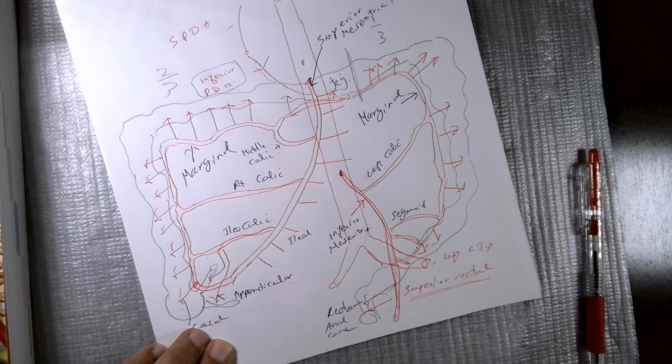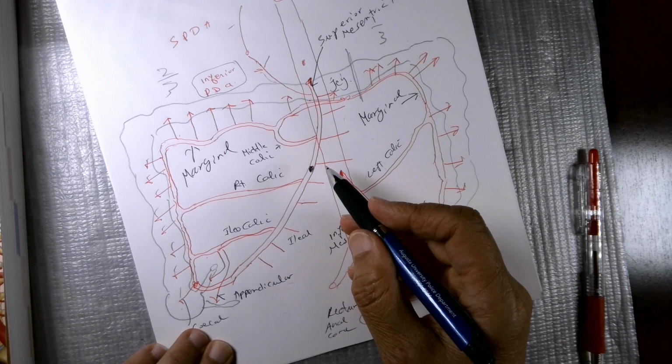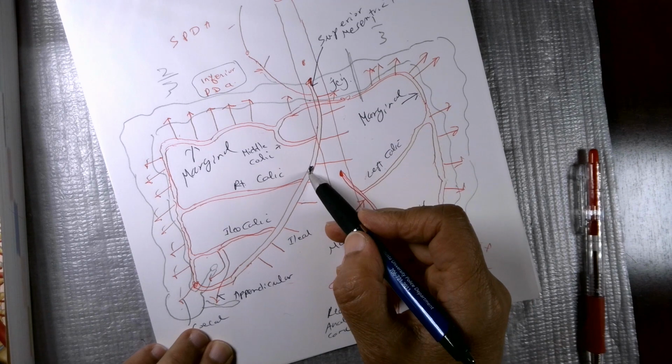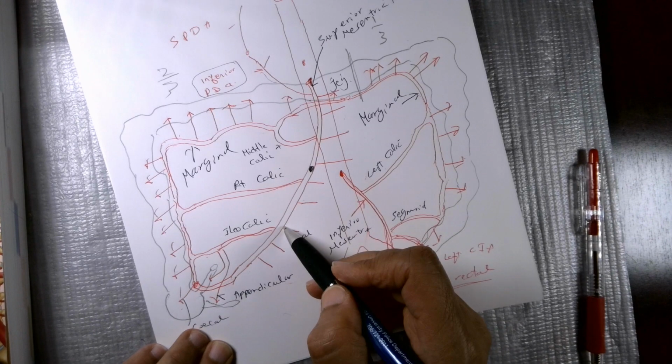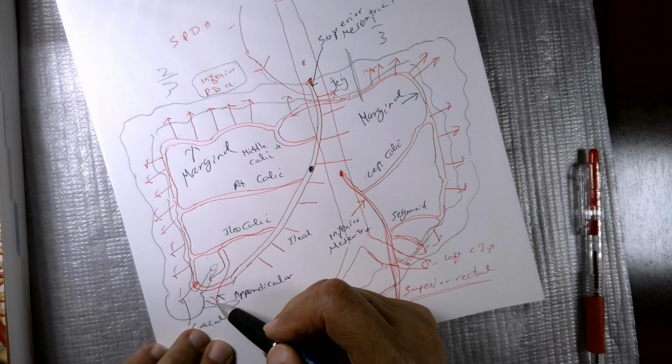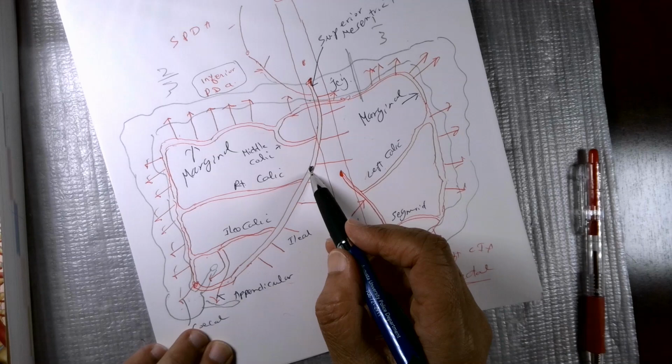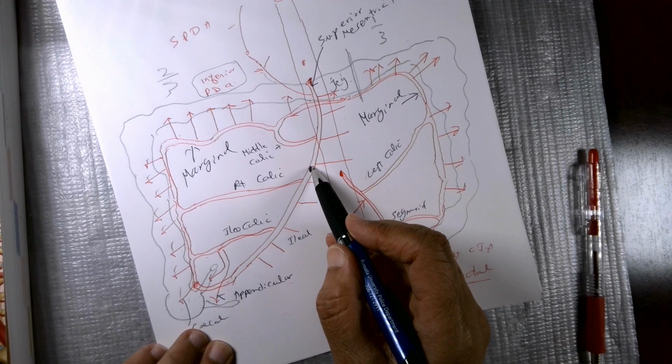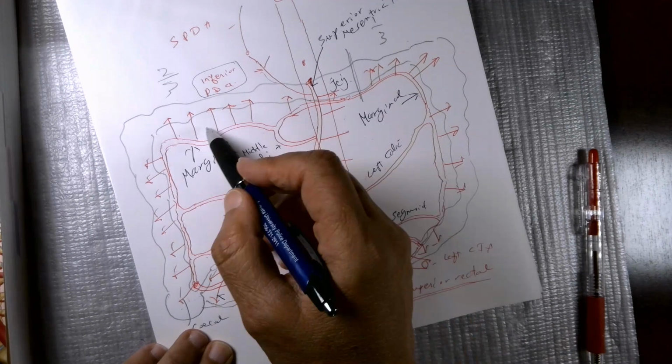Why it is important? Because imagine if there is obstruction here, there is blood clot here. What is gonna happen? The proximal part of the colon might be affected, and the terminal part of the ileum. However, this is not the case because there will be refilling through the marginal artery.